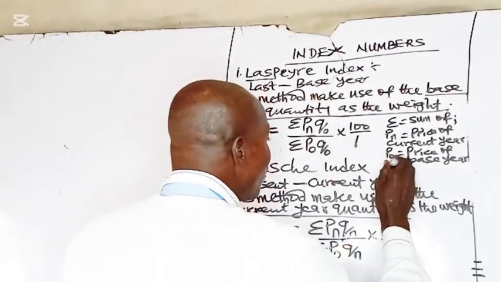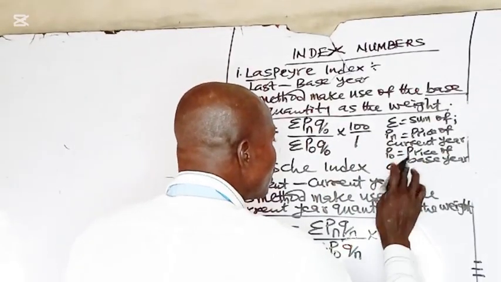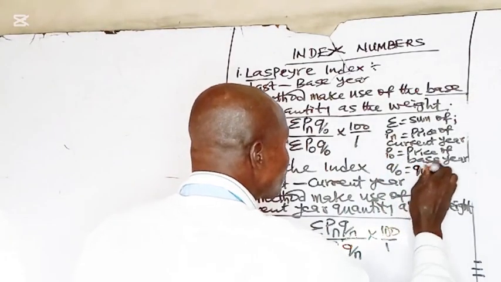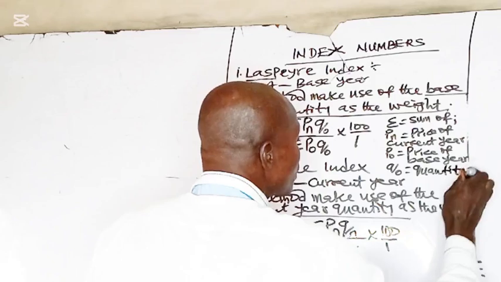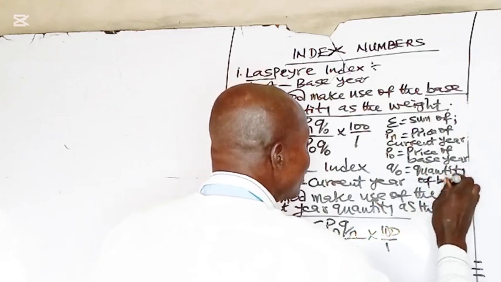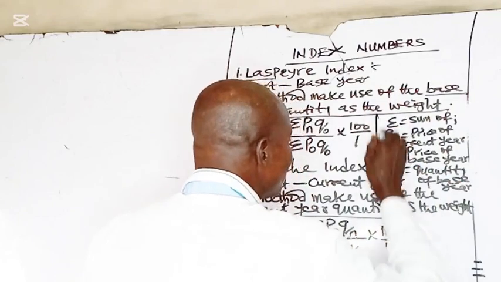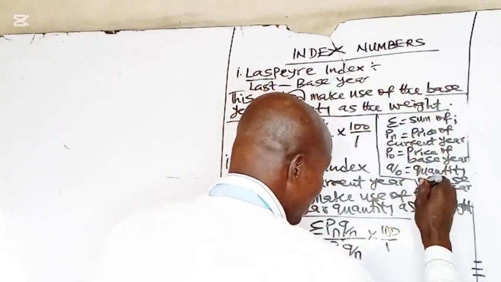QO stands for quantity of base year. So that is the definition of the variables in the formula.